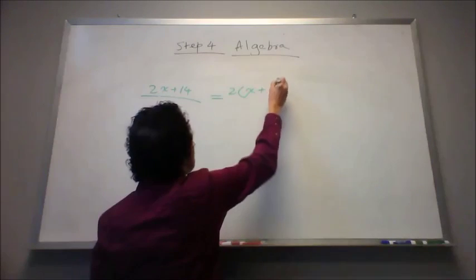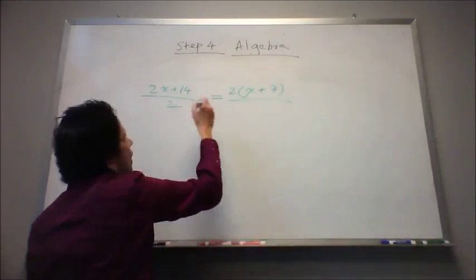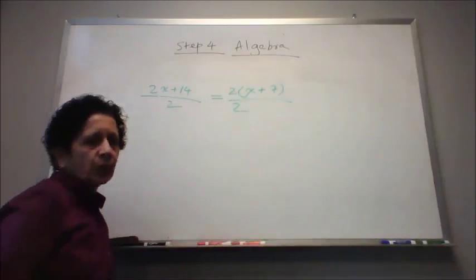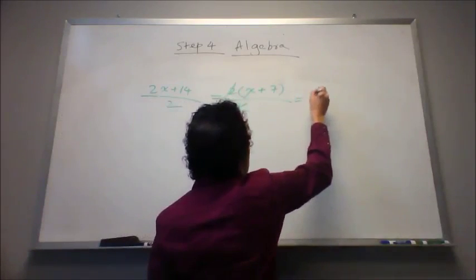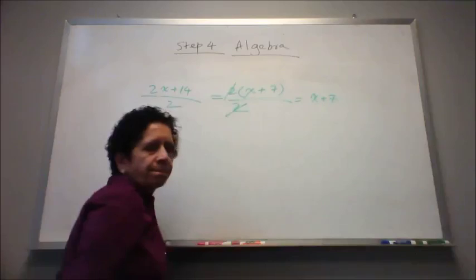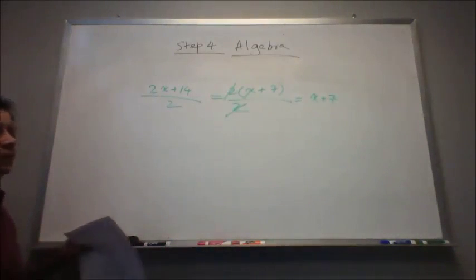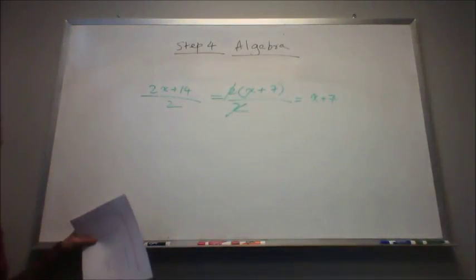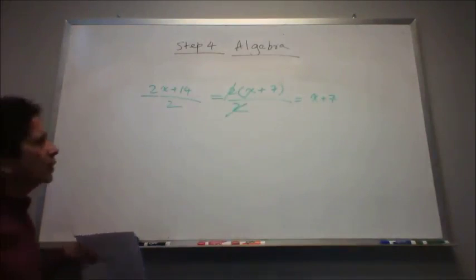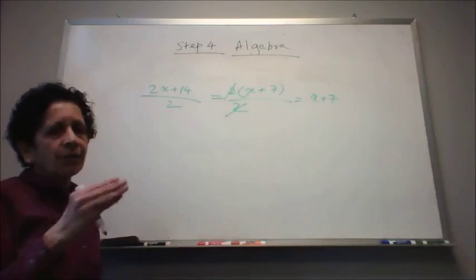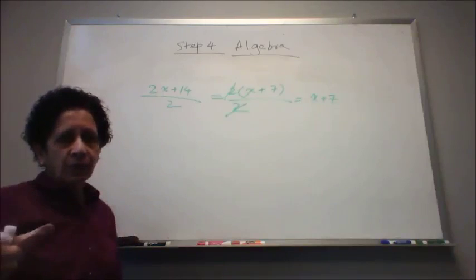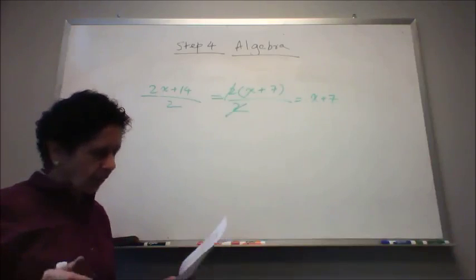So x plus 7. And then on the bottom, I have a 2, okay? Then you can cancel the 2. Then the answer is x plus 7, okay? So whenever you simplify a rational expression, you always need to take the common factor out and write it as the product of factors, okay?